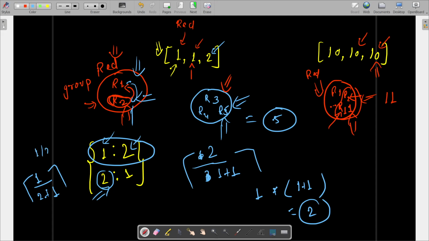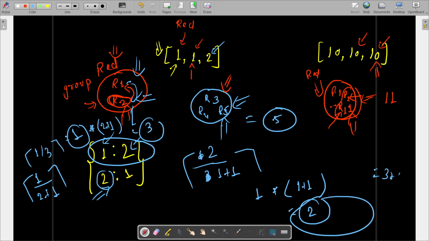So 1 by 3, its ceiling will give 1 as the answer, and how much will be there in each group? It should be key plus 1, so 2 plus 1 is 3. So in total it will be 3 plus 2, that is 5. Okay, so it is that simple, nothing much, just a greedy approach.